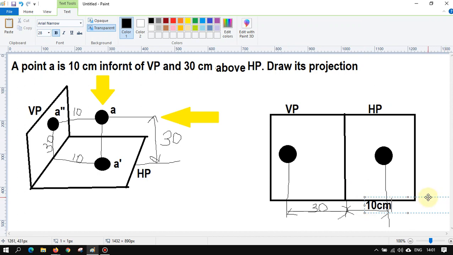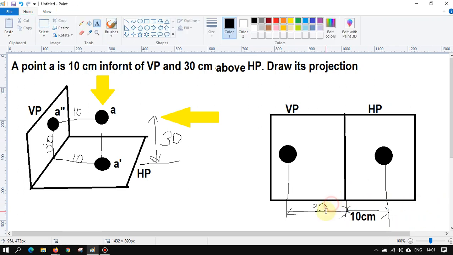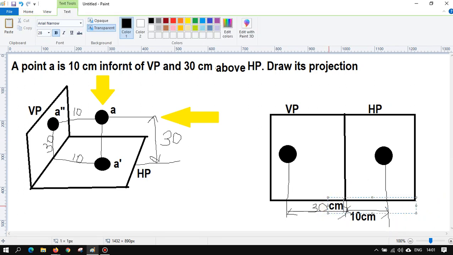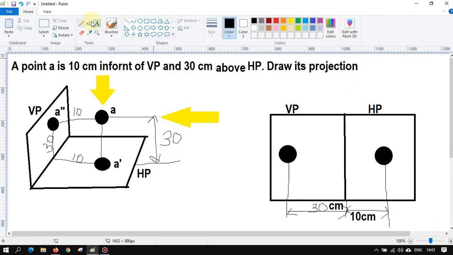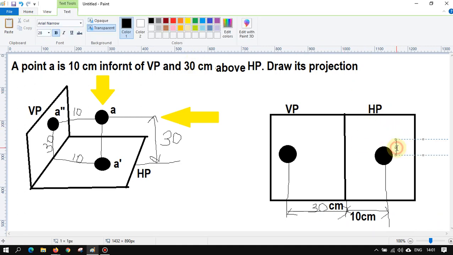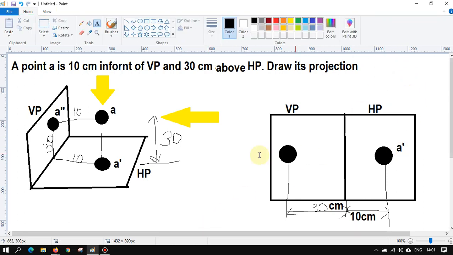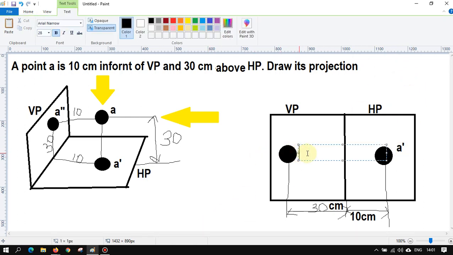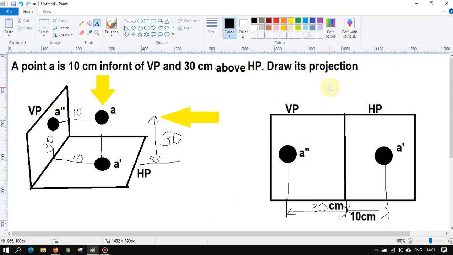Don't forget to give the unit. It is very necessary to give the unit. I have not given the unit, I will be giving centimeter over here. So you have to always give the unit, and also you have to name it, like it's A dash. It will be A double dash. Is that clear?